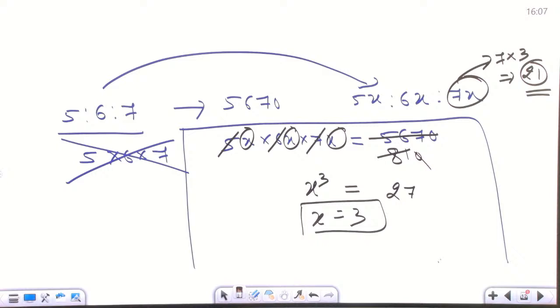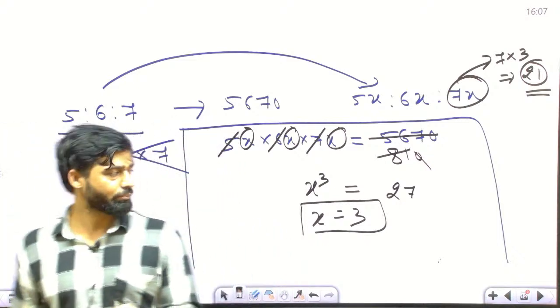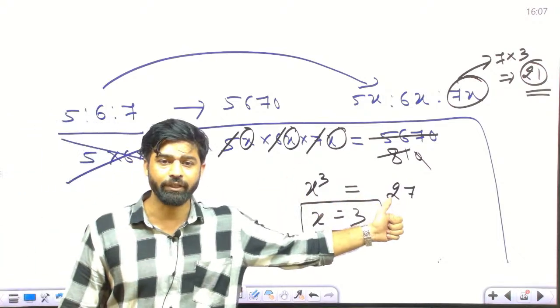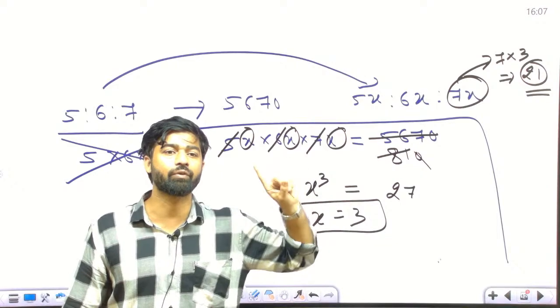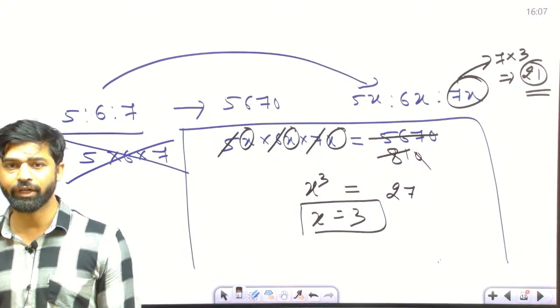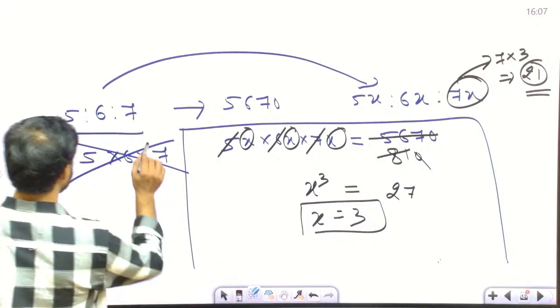Okay, look at the board. Some of you are confused whether we have to take that x or not. I'm making you more clear. If we don't take that x, the value of 1 unit will be 27. But exactly the value of 1 unit here is 3 only. Got it? Let's make it more simple.